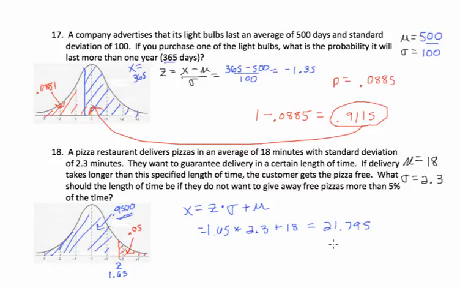That's 21.795, or we'll just round that to 22 minutes. So if they promise that they're going to deliver in less than 22 minutes, given this average time with this standard deviation, they should only have to give away free pizzas about 5% of the time.